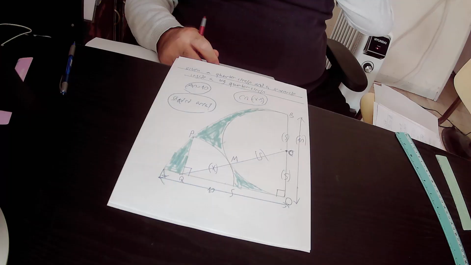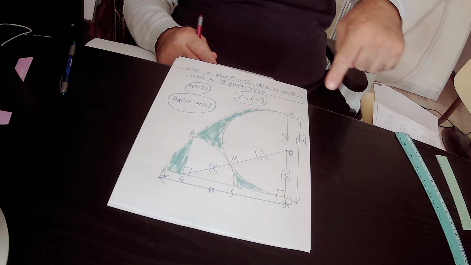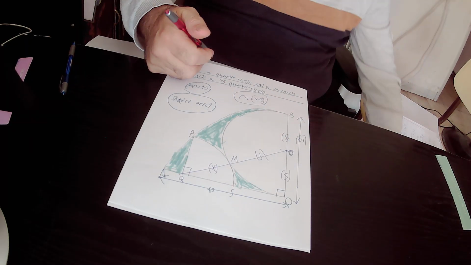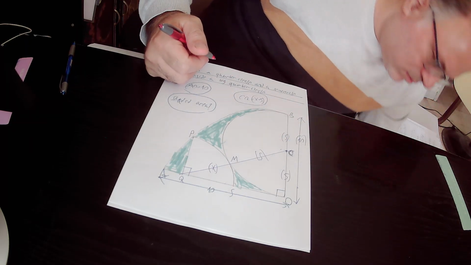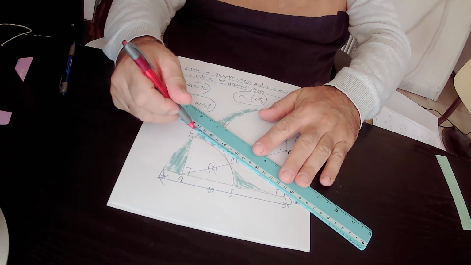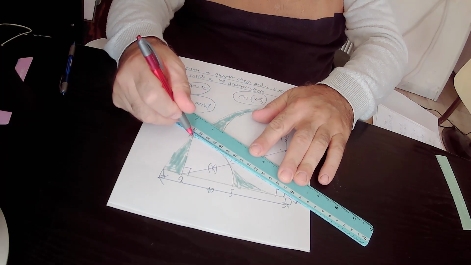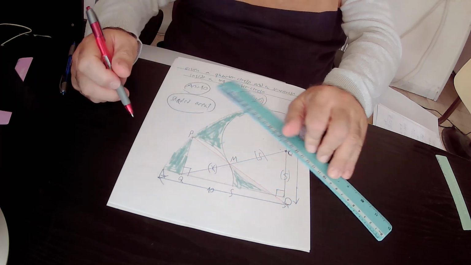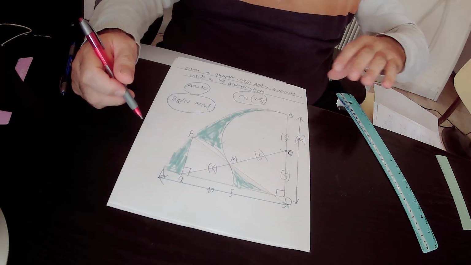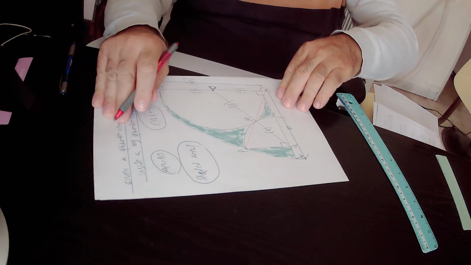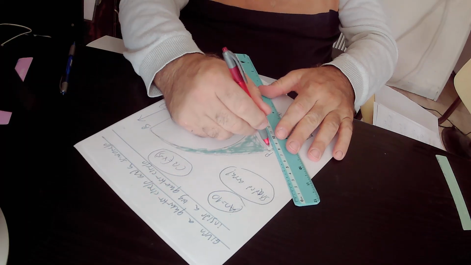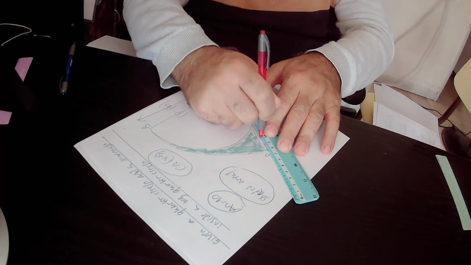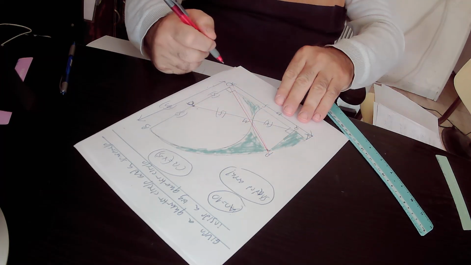The question gives us that the radius of this big quarter circle equals 10 units in length.